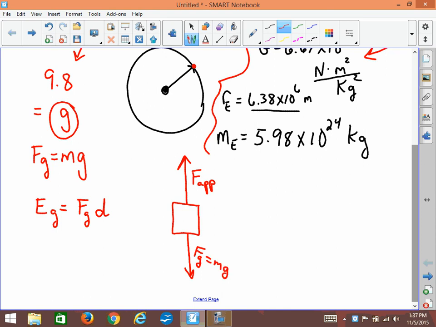So if you were to lift an object up through a height of, say, h, that would be the distance through which it moved. And so we sometimes rewrite this in other terms. Fg is mg, and h is the height that we move it through. And we can see how much work we have done.